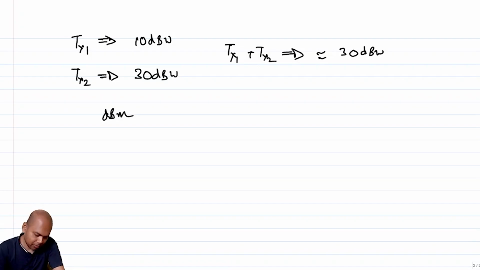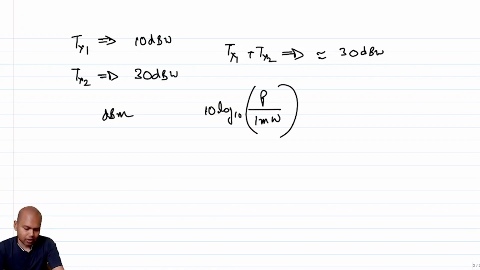So this is basically 10 log to the base 10 of P normalized to 1 milliwatt, P obviously expressed in watt.